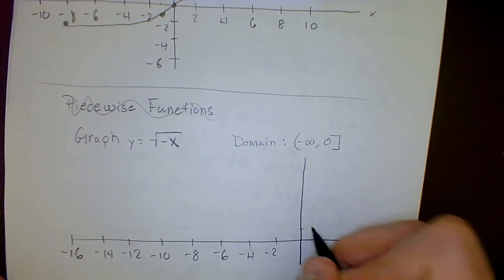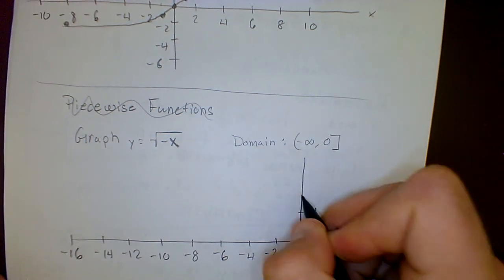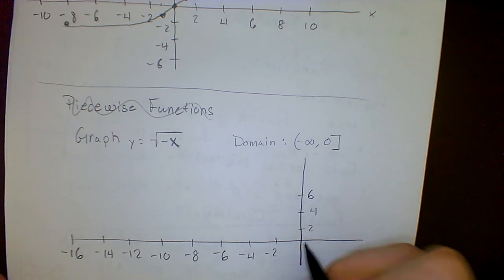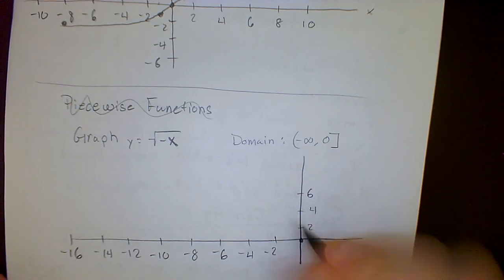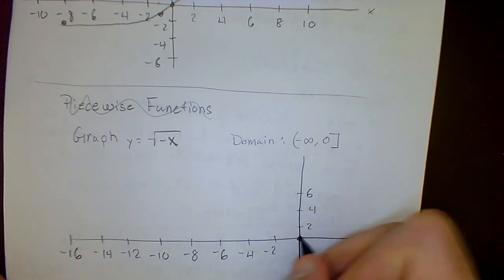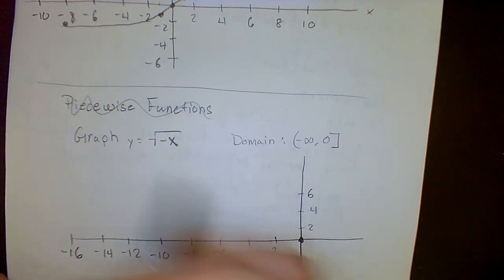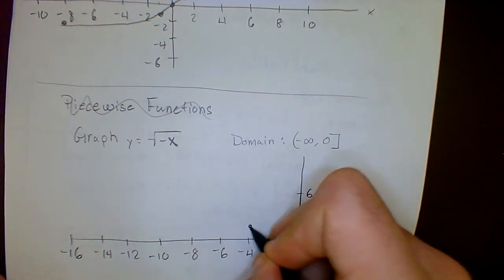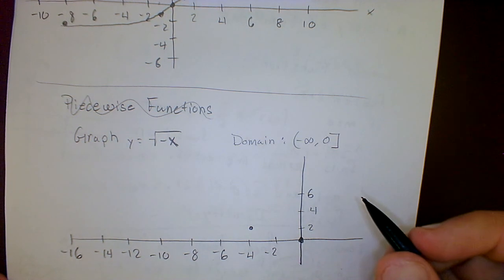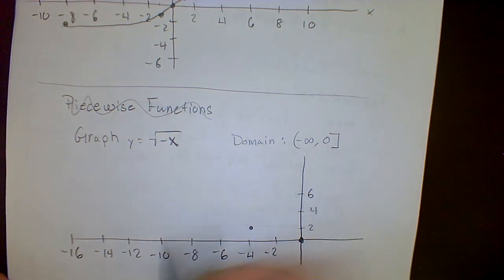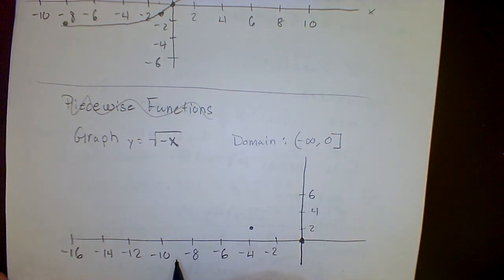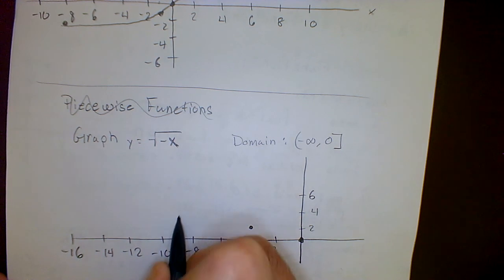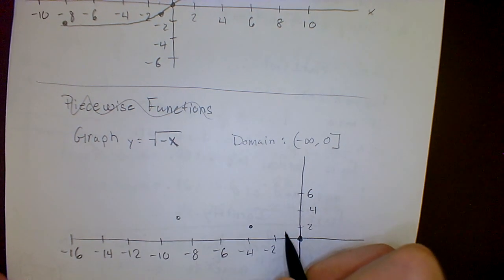So you got 2, 4, and 6. Alright. So if I put 0 in here, you get a 0 back. If I put in negative 4, it's negative negative 4, so it's the square root of 4, which is 2. And then if I put in 9, you're going to go up to 3. 1 would be 1.